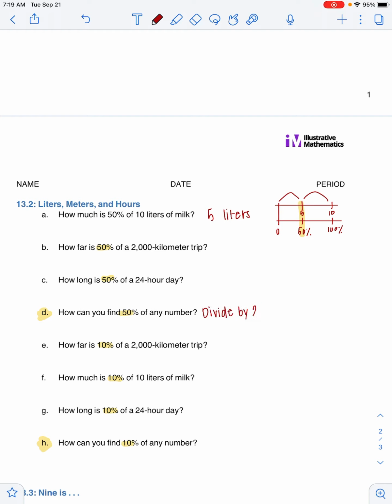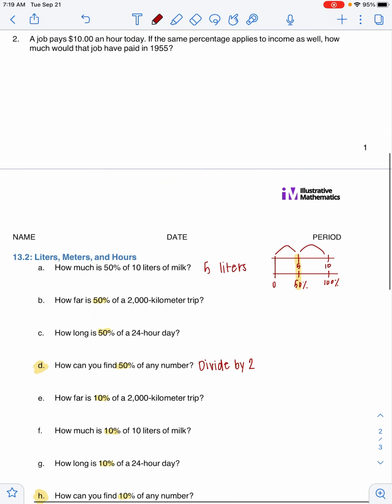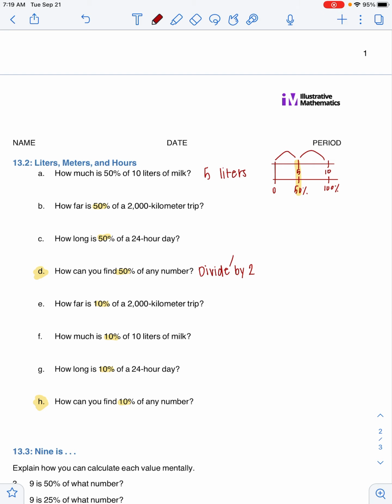If you think back to what we did in the first activity, when we needed to find 10%, all we needed to do was take the whole, which is 30, and divide by 10. And I should be more specific when I say divide by 2, because really what we're doing is dividing the whole by 2, or dividing the whole by 10.